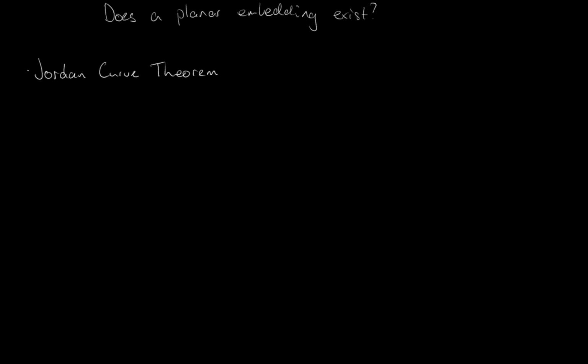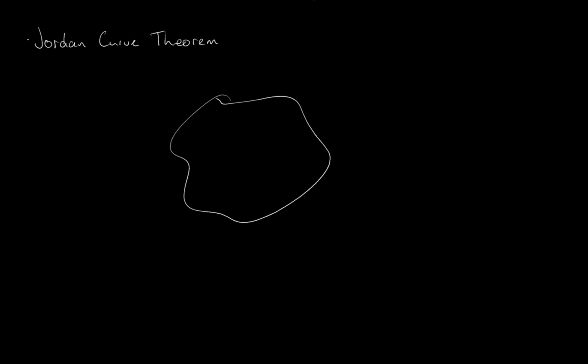Now, a subset of the plane is arcwise connected if any two of its points can be connected by a curve lying entirely within the subset. So you have some subset of the plane.